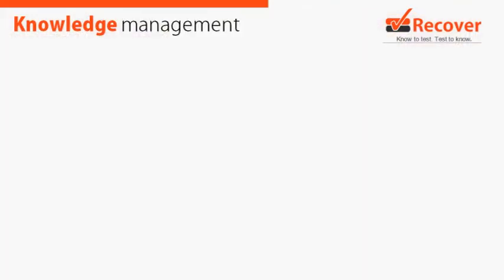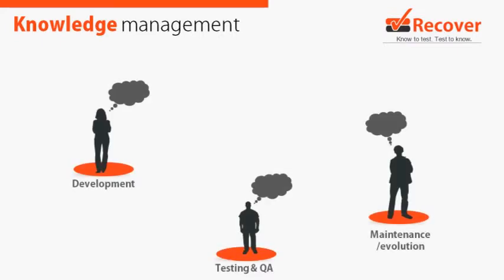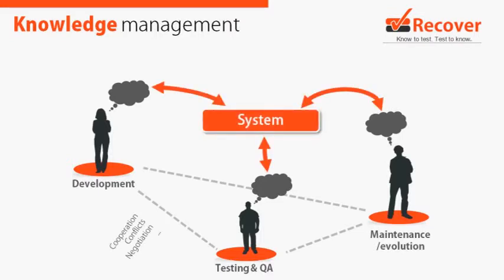Sometimes what we have seen in many organizations, in many customers, is maybe the contrary: a lot of roles involved in a project, development people, testing people, maintenance, evolution, transformational projects, etc. And there is at the end only one system.